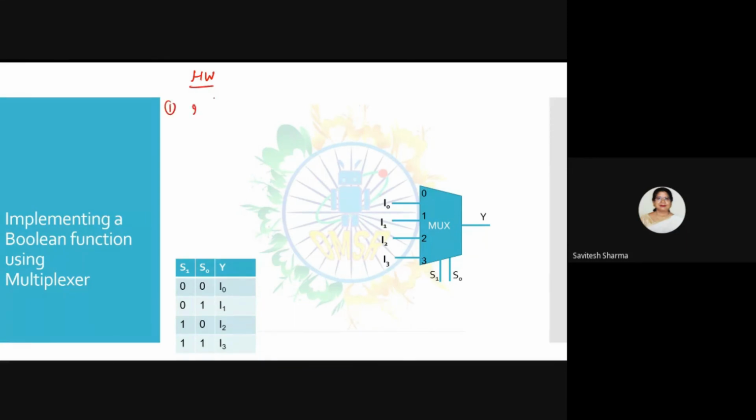The basic gates you already know. I am asking you to use a multiplexer to draw an AND gate, NOT gate, XOR gate. Do this exercise and discuss with me tomorrow.